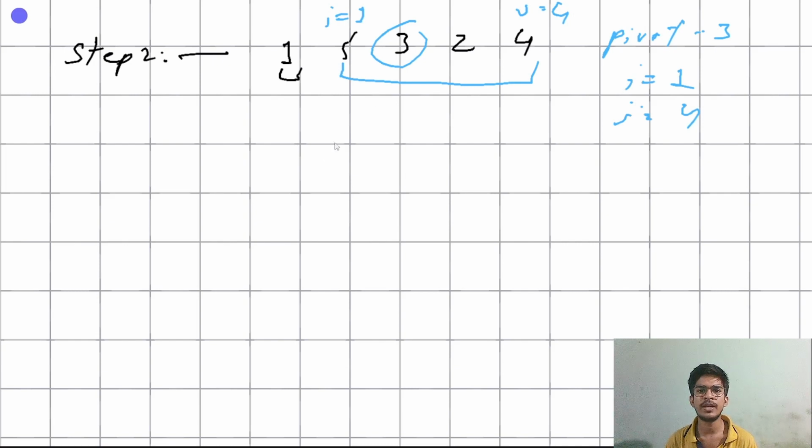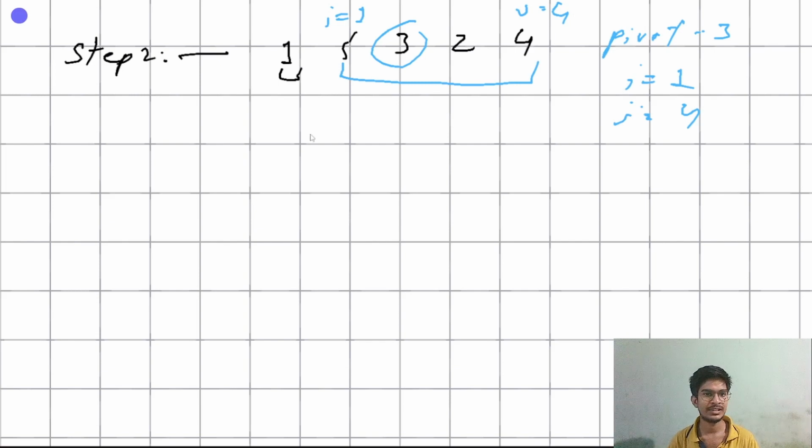Now this is the pivot element. So we'll check if 5 is greater than the pivot element on the left-hand side. Yes, it does. So it will stop here. We found a greater element, so it will stop here. And now is the case of j. Now in case of j, I will check if we found some element which is less than 3.